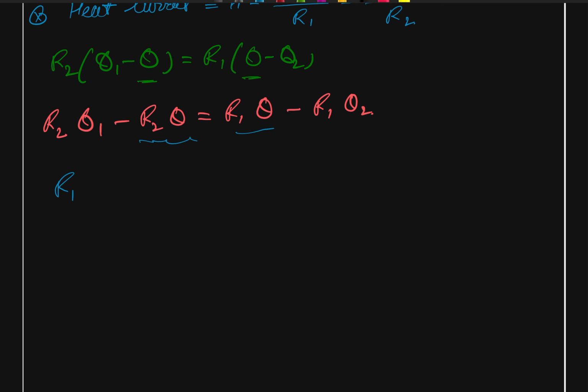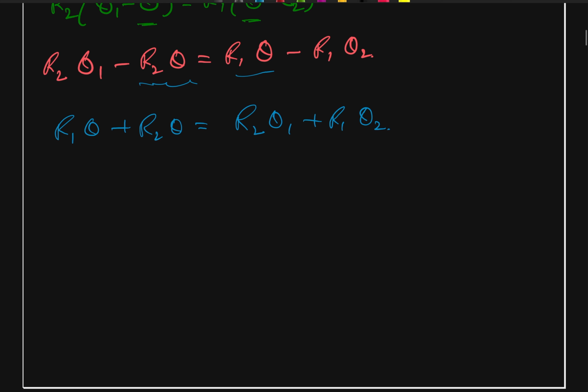So this comes R1 theta plus R2 theta, and it will be equal to R2 theta 1 plus R1 theta 2. Okay. And from our left side we can take theta as common, and that will be equal to (R2 theta 1 plus R1 theta 2) divided by (R1 plus R2).